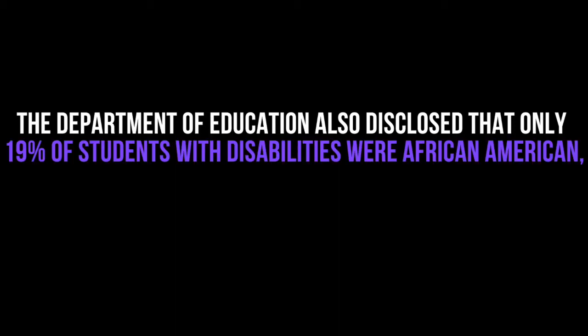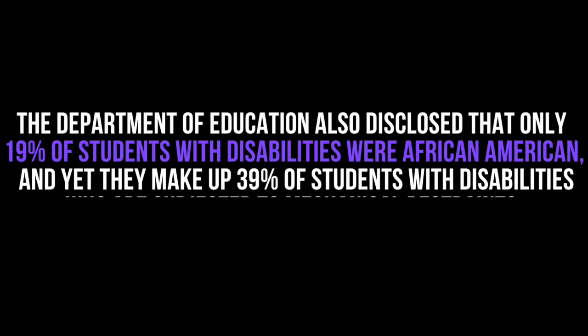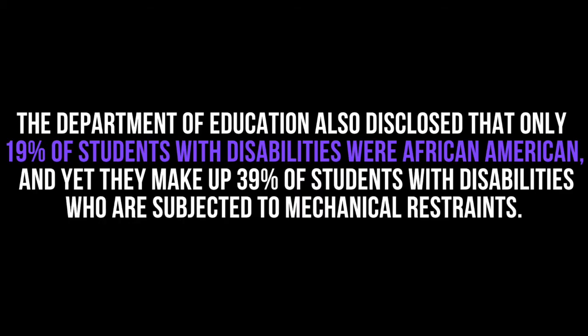The Department of Education also disclosed that only 19% of students with disabilities were African American, and yet they made up 39% of students with disabilities who are subjected to mechanical restraints.